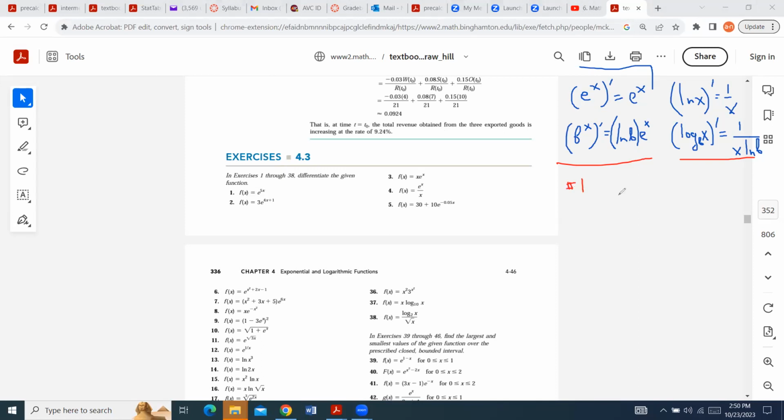So if you take e to the power of 5x, instead of x, we have 5x. So the chain rule is used. The same e to the power of 5x will stay, but multiplied by the derivative of the power, which is 5x, and this is just 5.